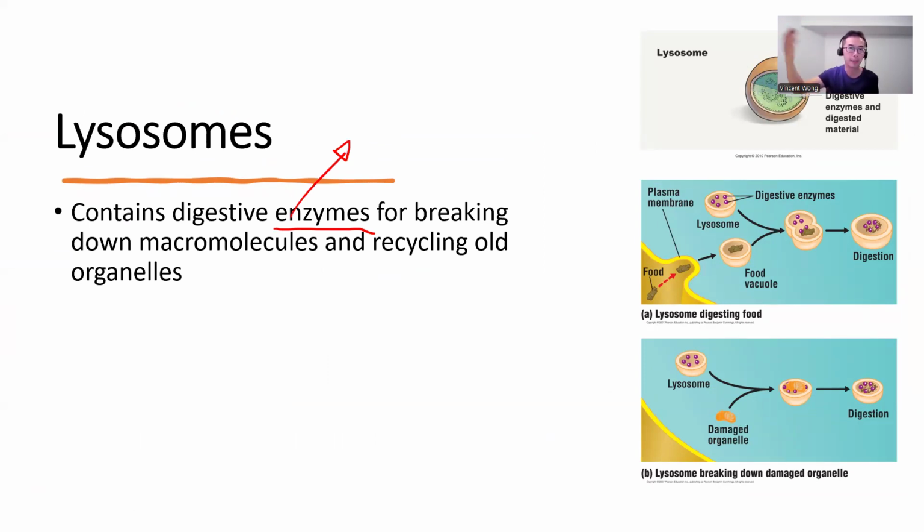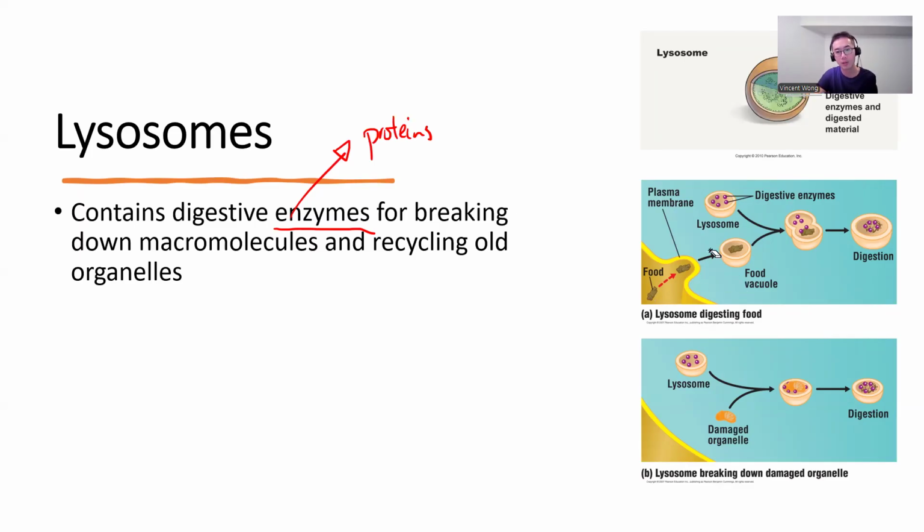Are they protein? Are they lipids? Are they nucleic acid? Protein. Enzymes are proteins, that's right. Okay, and they are proteins that help speed up chemical reactions. In this case, the enzymes are going to help you digest things. So inside the lysosome, there are different types of digestive proteins, and it will help break down macromolecules.